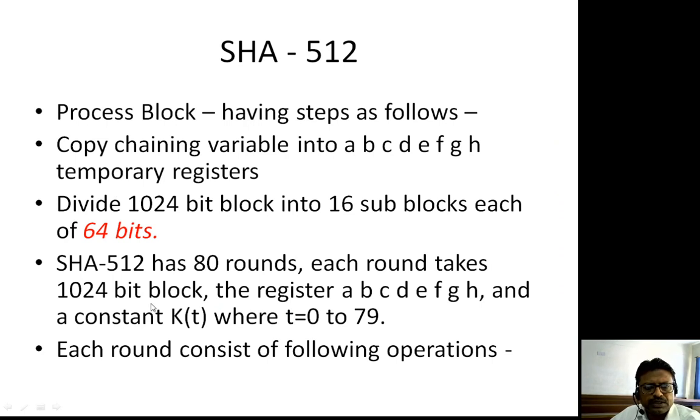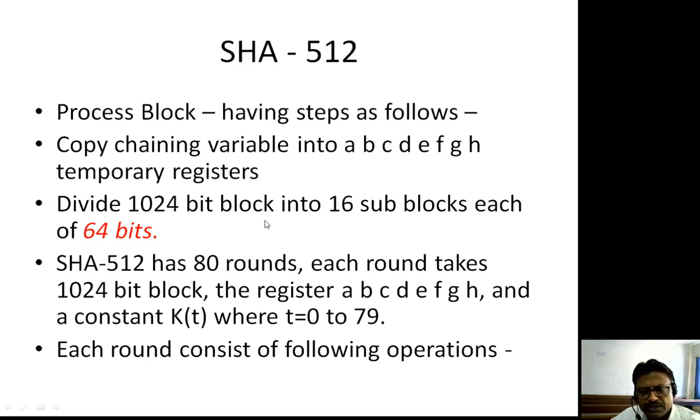And the process block is very much similar. SHA 512 has 80 iterations, and each iteration uses a 1024 bit block, and we use a constant value from 0 to 79, that is 80. So with 80 iterations, 80 constant values are required.